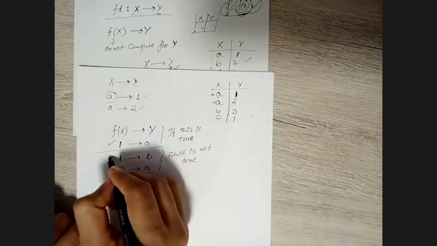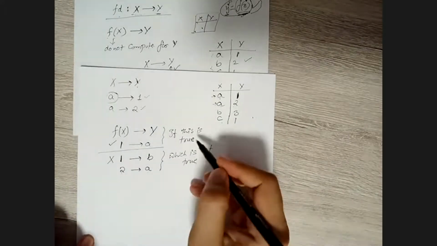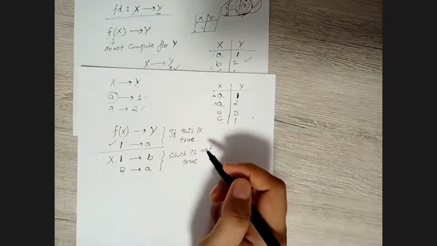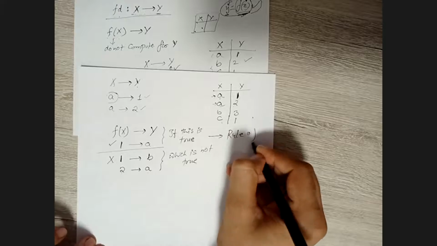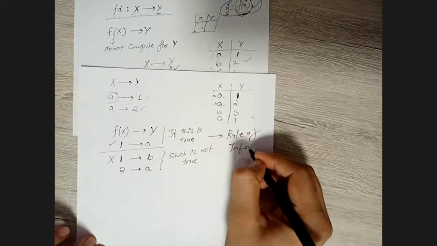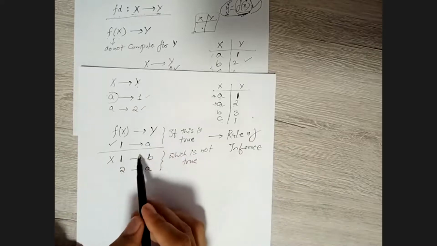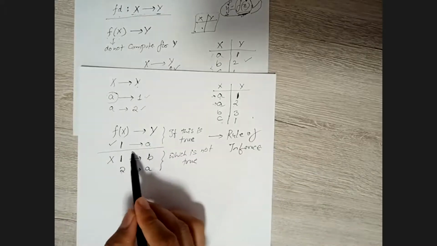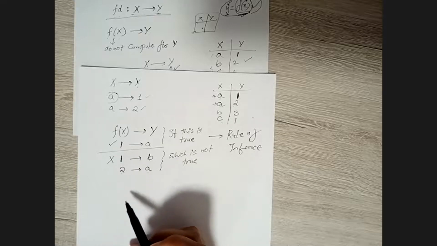So this is for sure false. If you remember, this is called rules of inference in your discrete mathematics. It implies, if something is true, can we say that the other part, the resultant part, will also be true or will not be true? Not true, that means false over here.